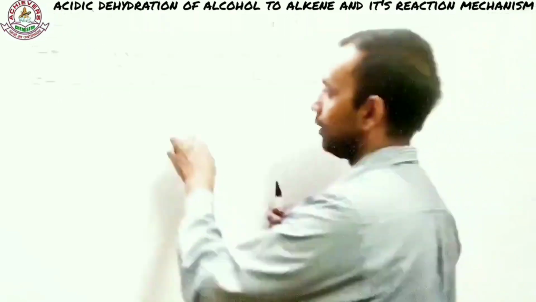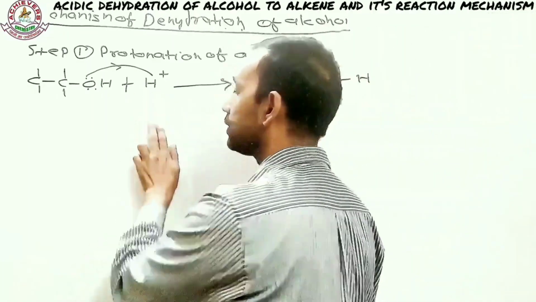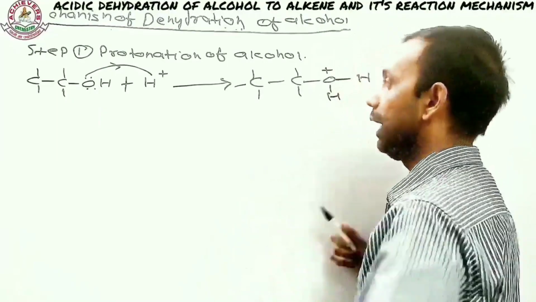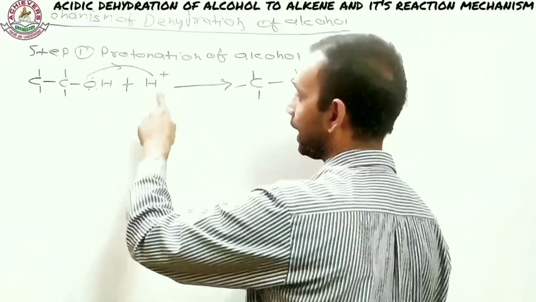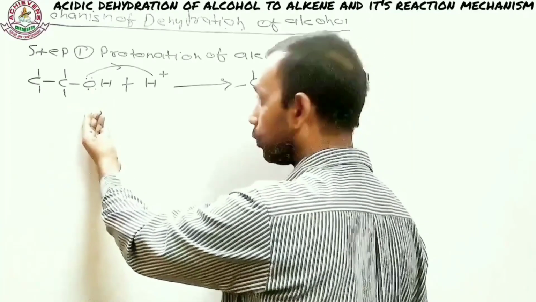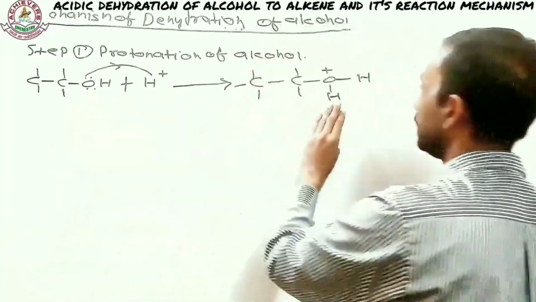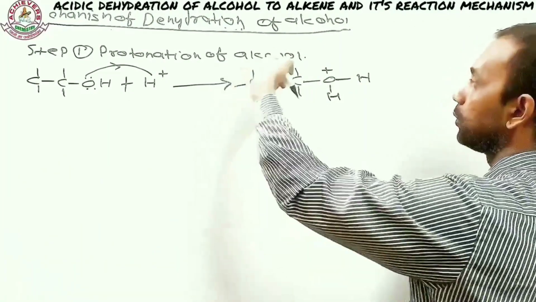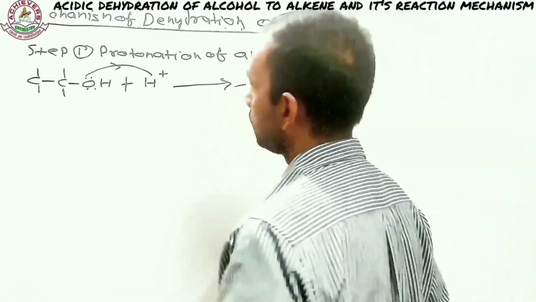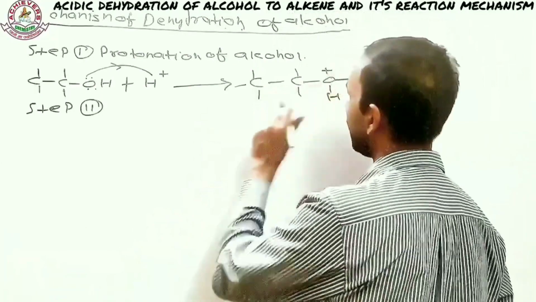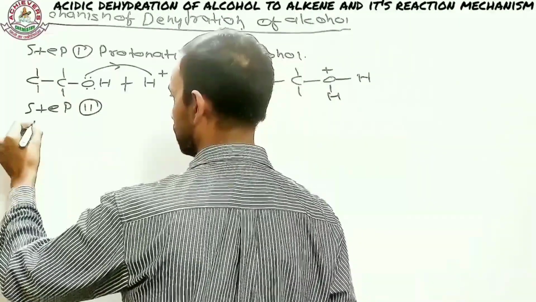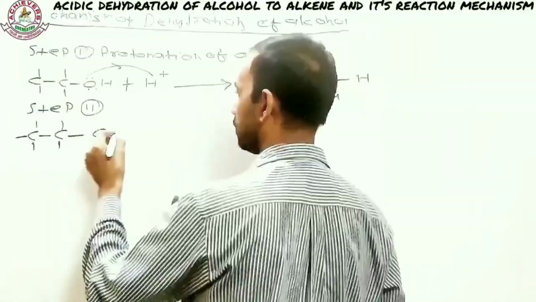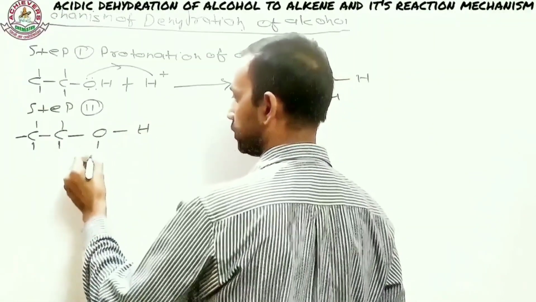What happened here? This hydrogen ion has come from the acid, maybe sulfuric acid or phosphoric acid, and that hydrogen, being electron deficient, reacts with the oxygen because it has 2 lone pairs, and it forms a protonated alcohol. So this is the first step here. You can also write it as formation of protonated alcohol, right? Okay. So in step 2, just pay attention.